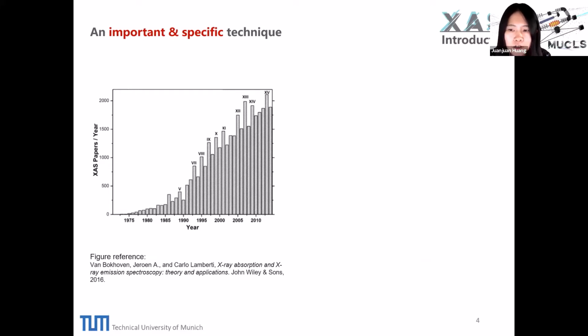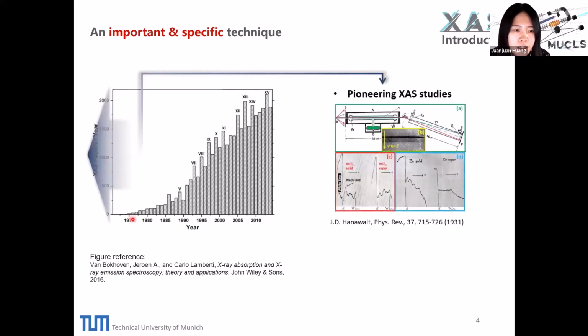So this makes this technique a very important and specific technique. This figure shows the number of papers related to X-ray absorption spectroscopy per year. The number has increased significantly over the past decades. Actually, before 1975 there was already pioneering XAS in 1931.